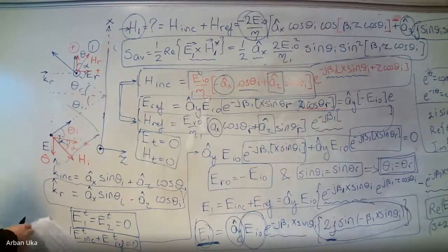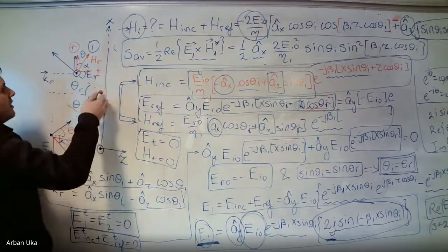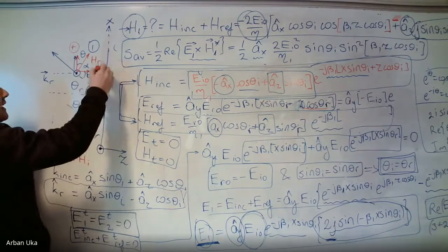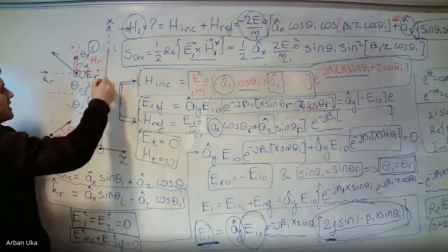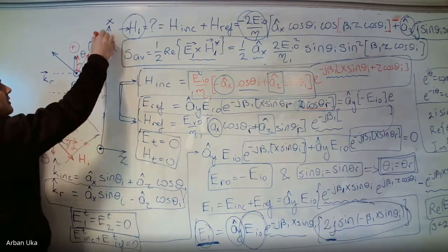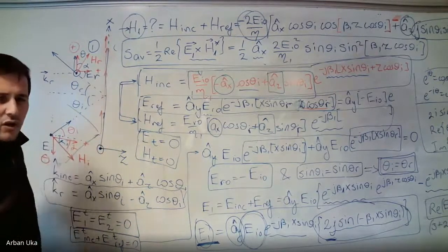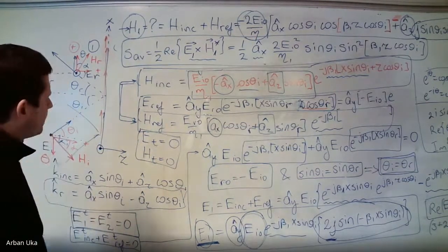So it looks like effectively we have some energy flow. If I show the energy flow at the interface, we could say that there is some energy flowing up. This is what we are observing on the surface of a metal.